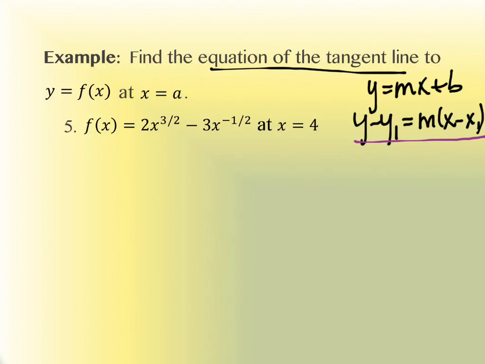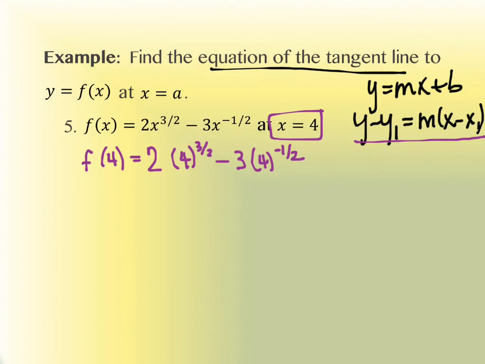The x1 and the y1 can be found by using whatever value they give you. So here's x1, right? x is 4. And if I want to find out what y goes along with that, what would I do? You'd plug it in. So let's just do that here at first. If I find f of 4, that would mean finding 2 times 4 to the 3/2, minus 3 times 4 to the negative 1/2.